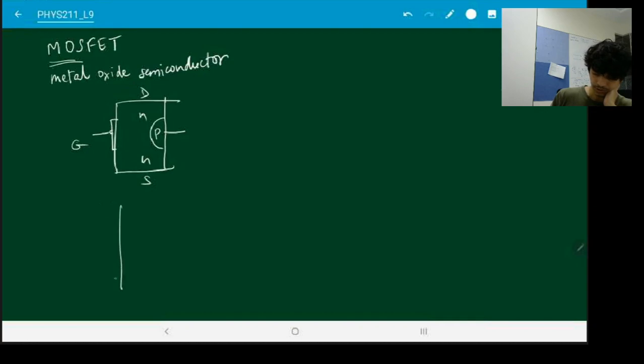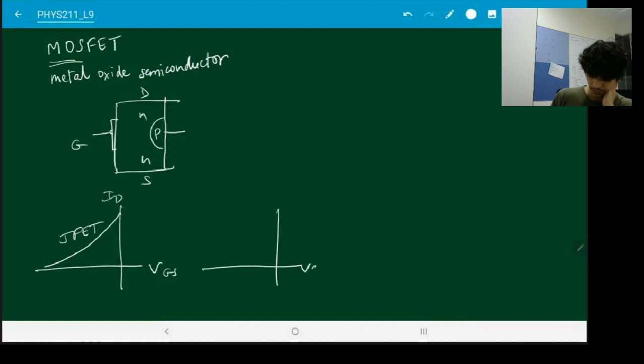So earlier, the graph of VGS versus ID looked like this for a JFET, but for a MOSFET, it looks like this. So even for positive values of VGS, you can get some amount of ID.